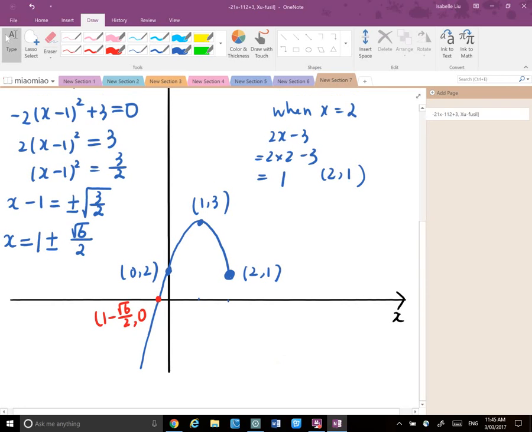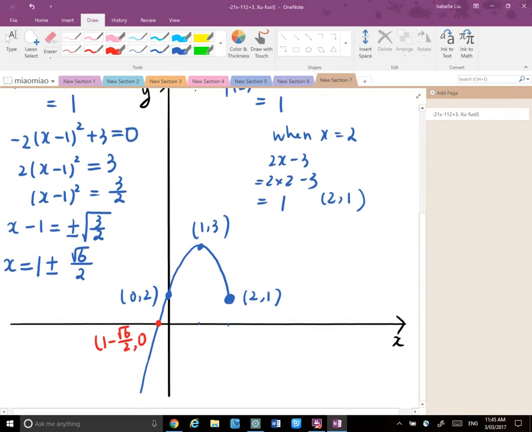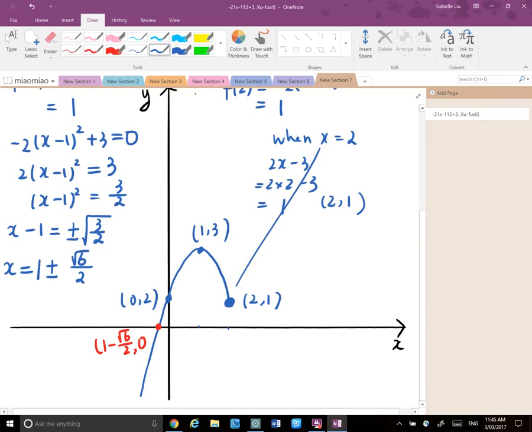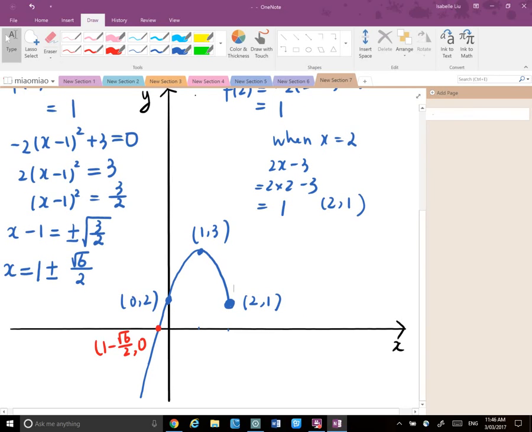And then I can draw the graph. It's a positive gradient, so it's roughly in that direction. I need to find another point. I'm not going to have an x-intercept because it goes up. So let's make a point at 3. When x equals 3, f(3) equals 2 times 3 minus 3, and that gives you 3.